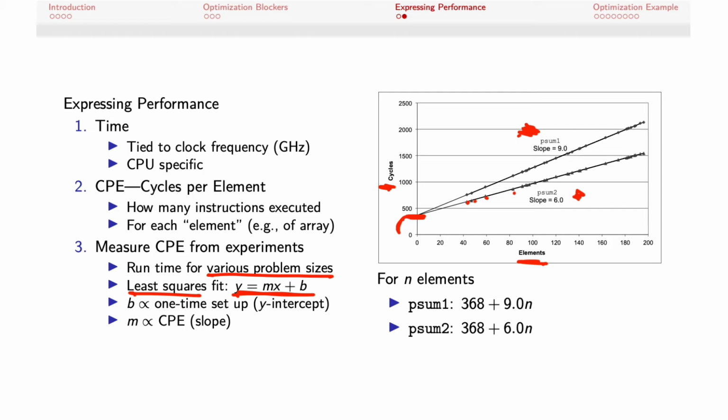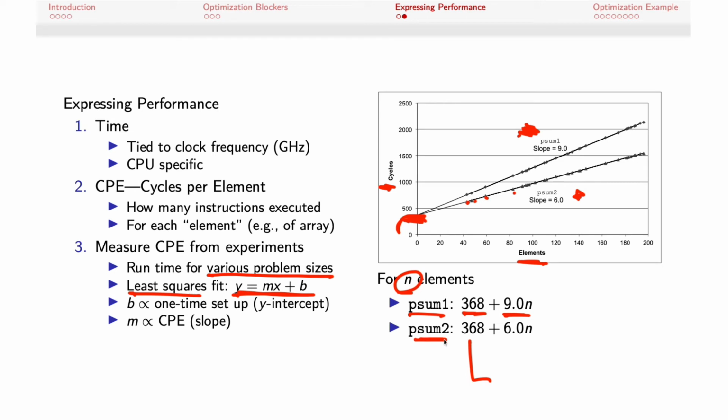And if we work this out from the underlying data, the least squares fit for psum1, as you can see here, the upper line, is 368. That's the y-intercept, the processing time to just get going, plus 9 times the number of elements.